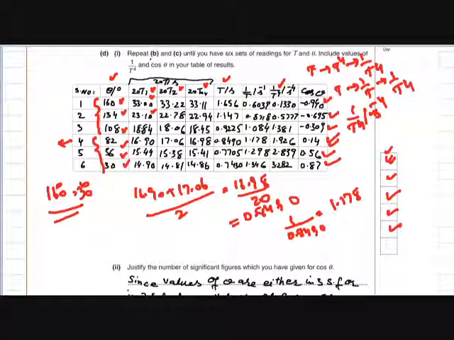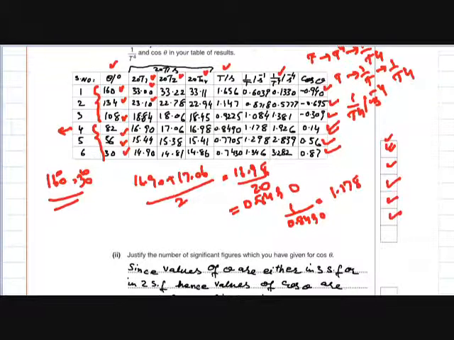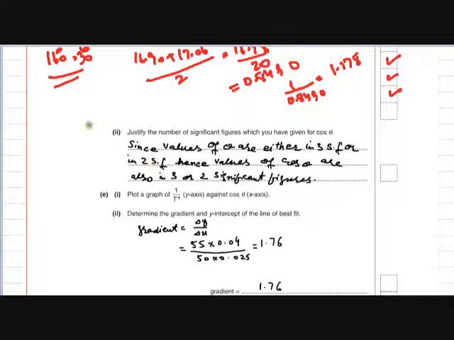Now the question says justify the number of significant figures which you have given for cos theta. Since I have written two kinds of values of theta, one in 3 significant figures and the other in 2, whatever values are in 3 significant figures, their cos will also be in 3 significant figures, and where theta is in 2 significant figures, the value will also be in 2.